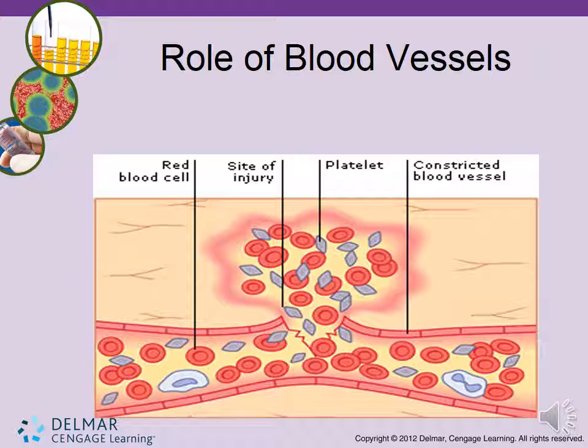However, should that endothelial cell layer be removed either in disease or on tissue injury, then you're going to have the collagen revealed, and it's going to interact with your cellular components of blood as well as the proteins in the blood plasma to start to close and seal off that opening.